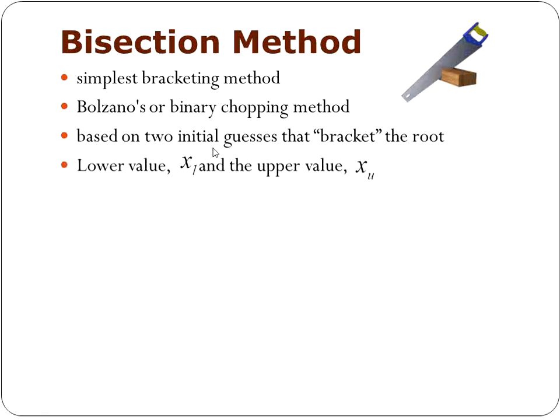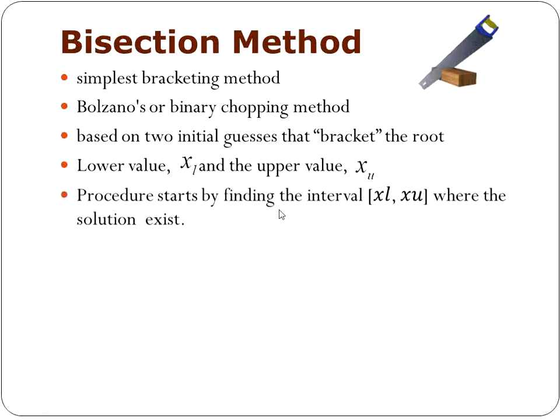The two initial guesses: one you can call the lower value, that is xl, and the other the upper value, that is xu. Now the procedure starts by finding the interval xl and xu. You already found the interval where the solution exists.